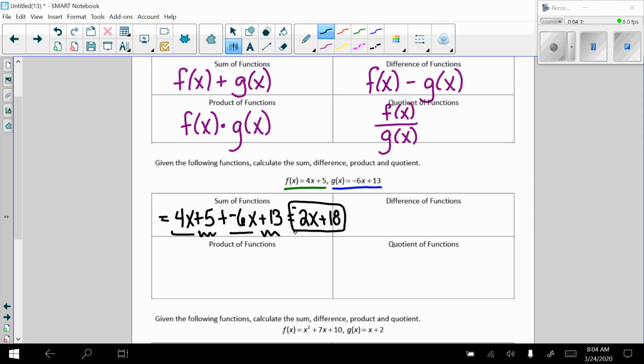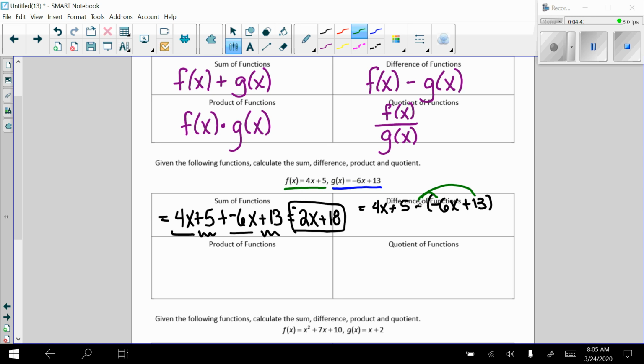To calculate the difference, we have to make sure that we put parentheses around not really our first function, not really f of x, but definitely our g of x. And the reason we need to do that is when we're subtracting and we have a polynomial, you need to distribute that negative sign inside.